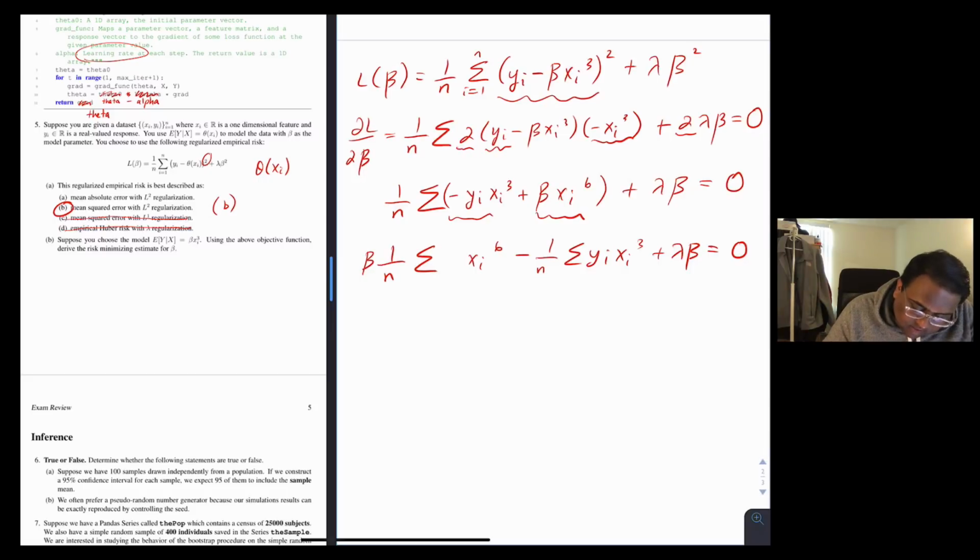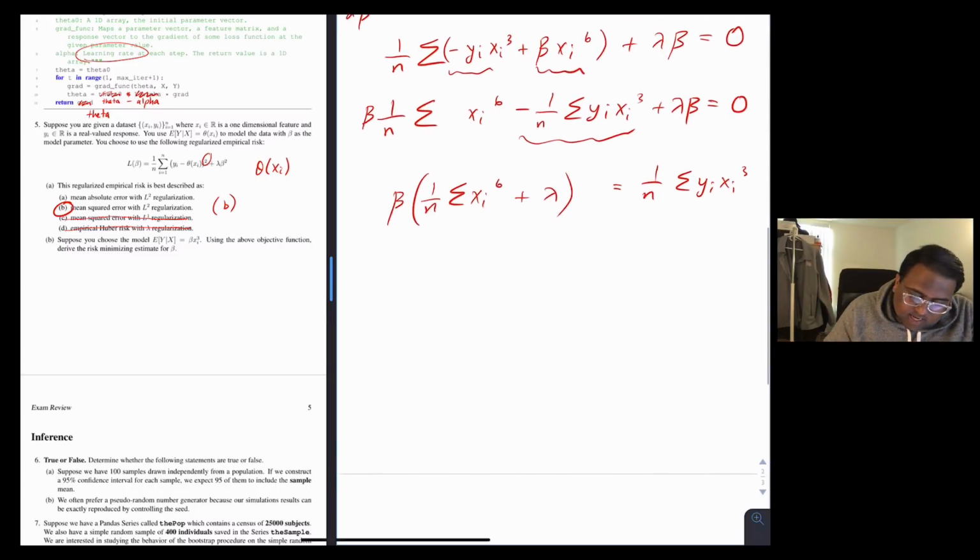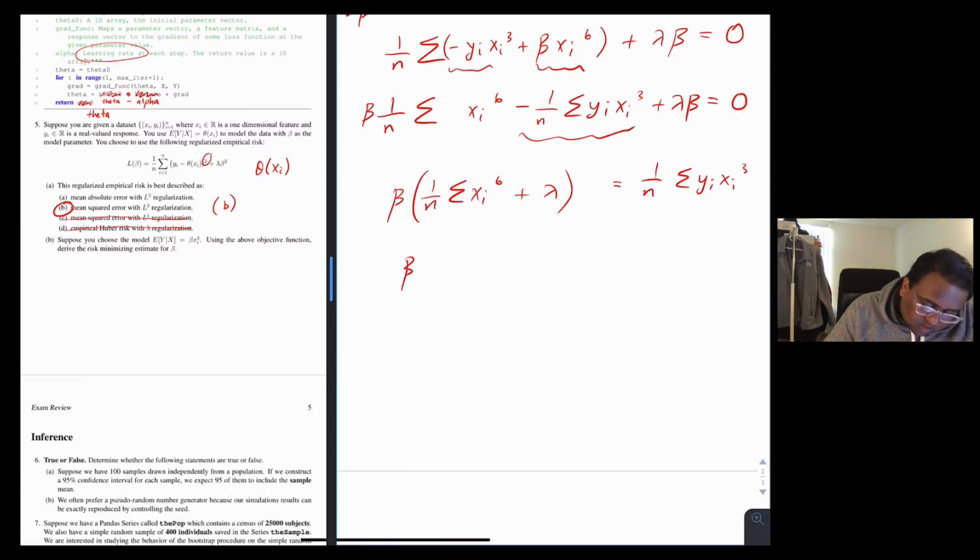Okay, so now I can move this term to the right-hand side first. So I'll have 1 over n times the sum of yi xi cubed. On the other side I'll have beta times (1 over n times the sum of xi to the 6, plus lambda) equal to whatever's on the right-hand side. So now for beta hat, I just divide both sides by this.